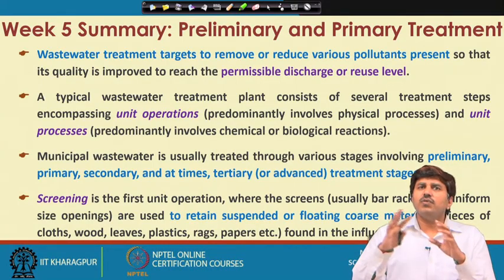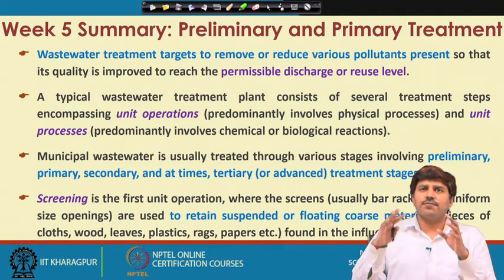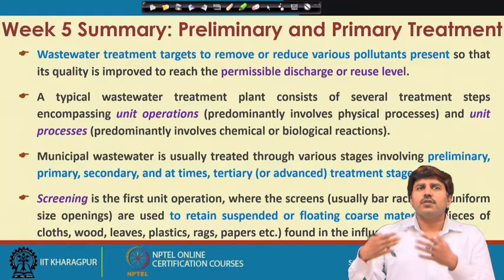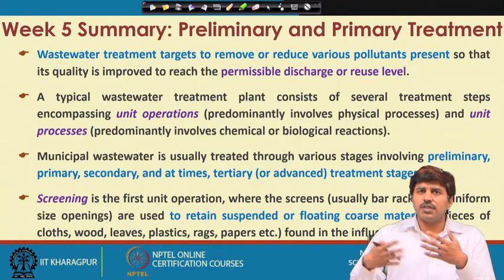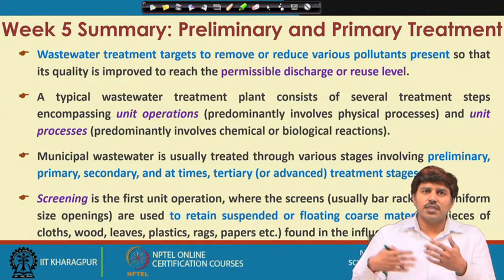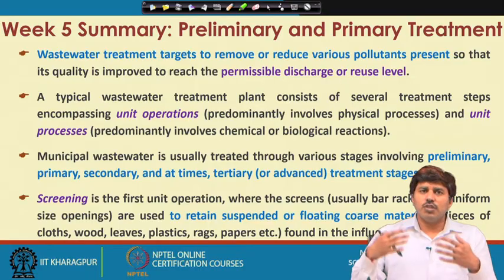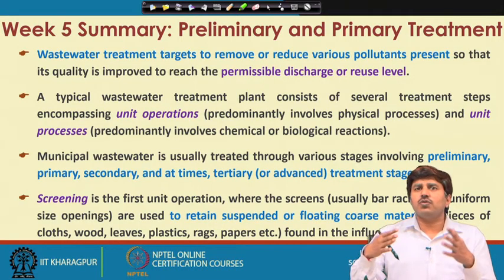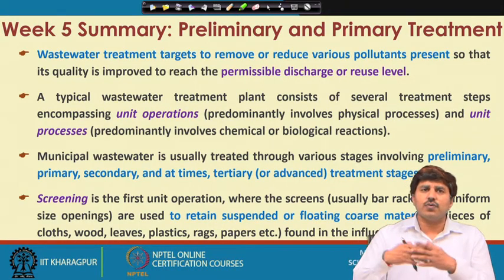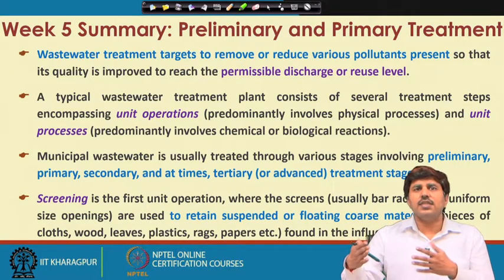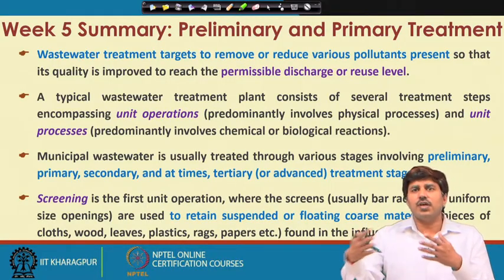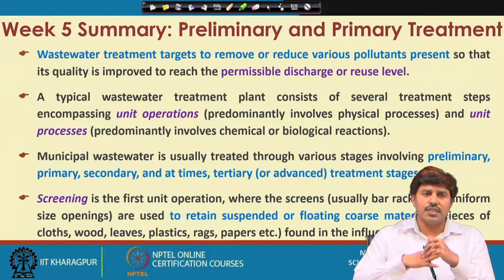A typical wastewater treatment plant consists of various steps, including unit operations that predominantly involve physical processes, and unit processes that predominantly involve chemical or biological processes. Municipal wastewater, and even industrial wastewater, is usually treated through various stages: preliminary, primary, secondary, and at times tertiary or advanced treatment stages are also provided.